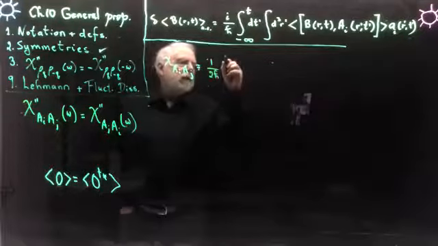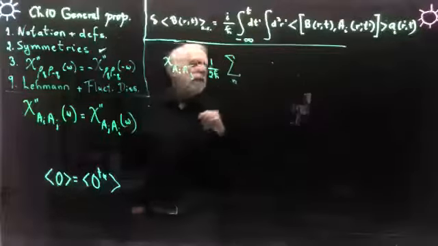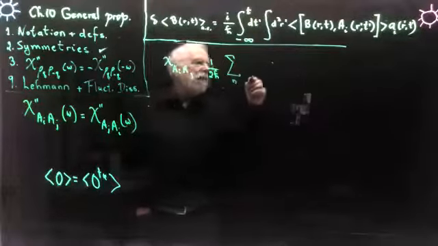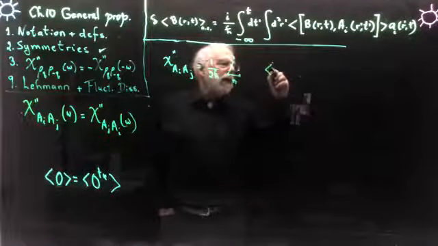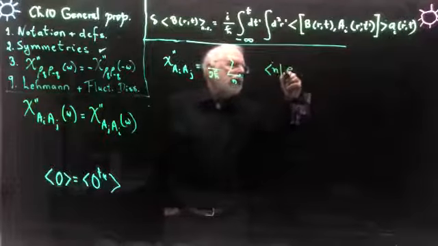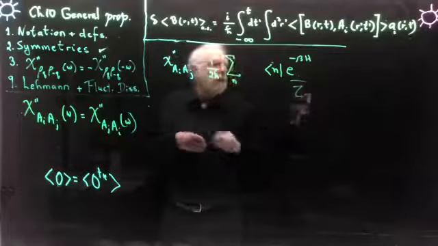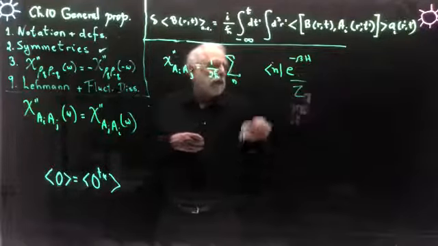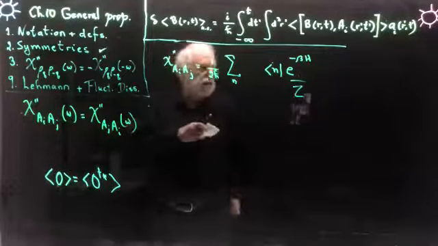The trace I will write as a sum over n of <n|, and then I have the trace operator, okay? But I will work with states here that are energy eigenstates.